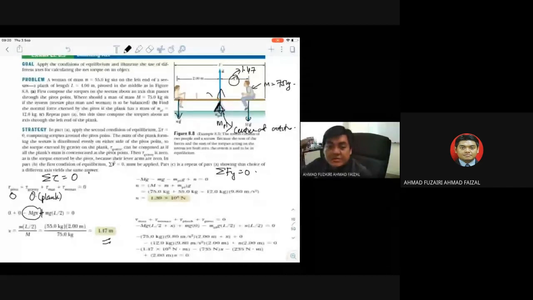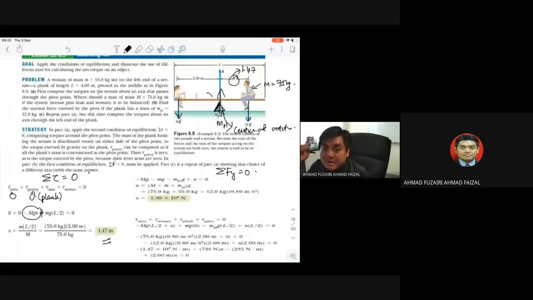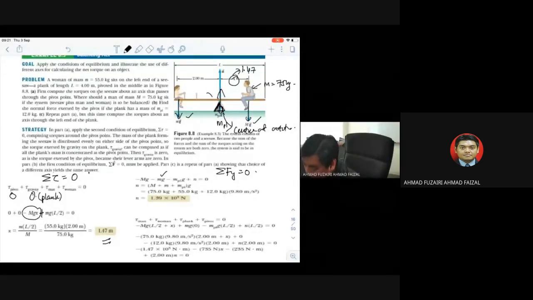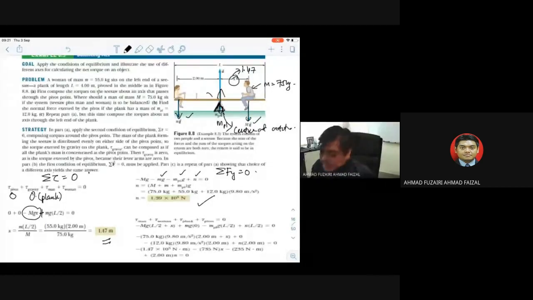So, every objek yang duduk di atas surface, dia akan ada normal force, which is 90 degrees to the surface. Okay, so dia ada negative mg lelaki, negative mg perempuan, negative mass plank kali g, semua tu ke bawah, plus normal force. Sebab normal force saja ke atas. So bawa semua yang lain ke sebelah kanan, so kita dapat normal force equivalent to 1390 Newton.